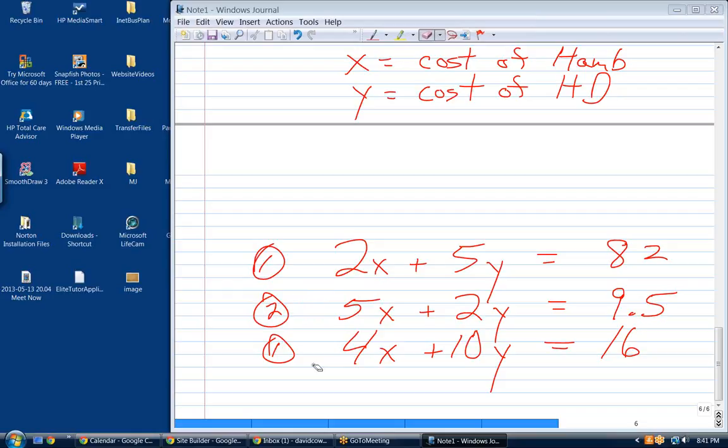Multiply by 2 also. Well, that won't get anything to disappear. That'll turn this into 10x. But we need to turn this into 10y is what we need to do. What if I multiply equation number 2 by 5?